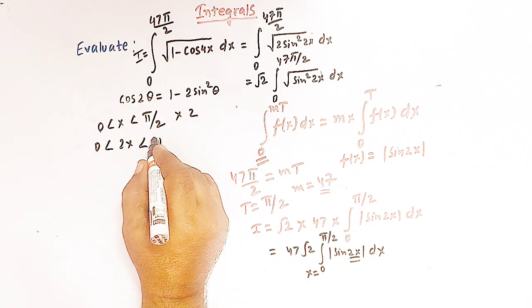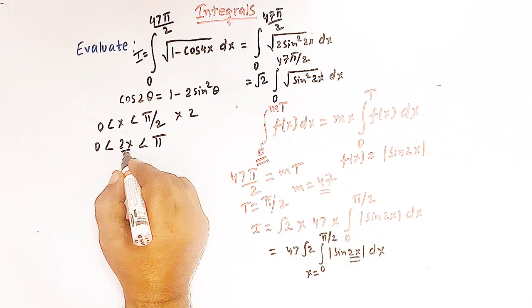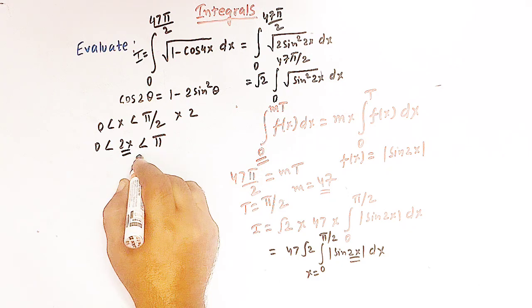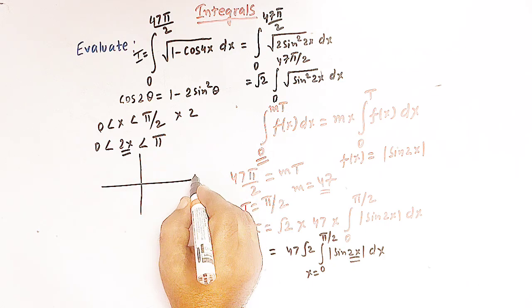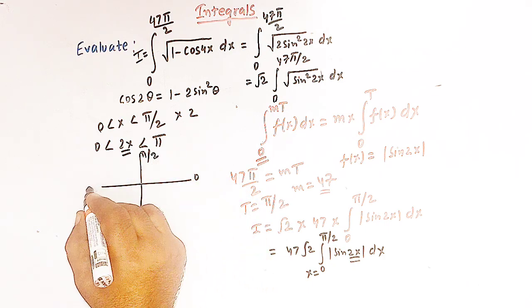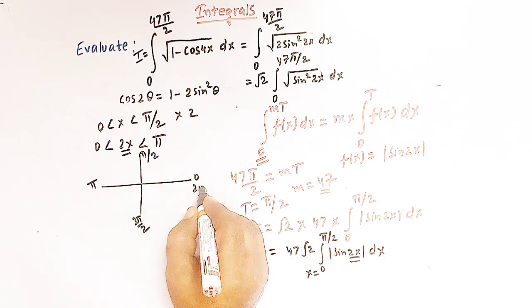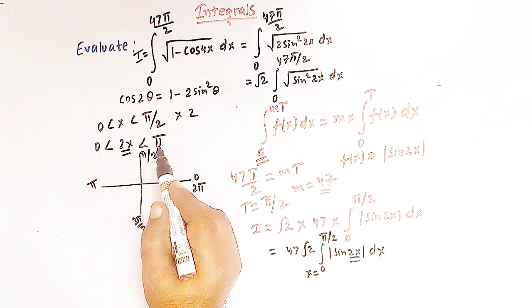So when x varies from 0 to pi by 2, then 2x varies from 0 to pi. If we draw the quadrants, here we have 0, here pi by 2, here pi, this is 3 pi by 2, and this is 2 pi.